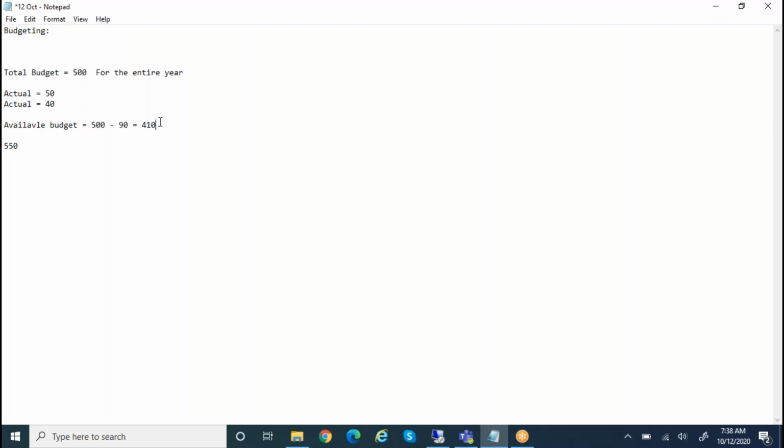So here, the total budget and available budget: this is the total budget you have entered in the budget register entries, and here you are entering actuals in the journal. Available budget is equal to 500 minus actual, like total budget minus actual expenditure.